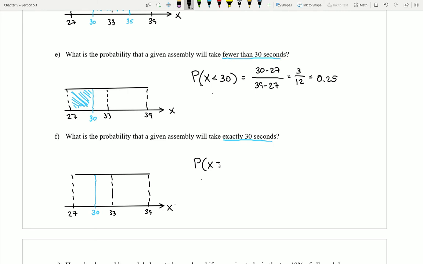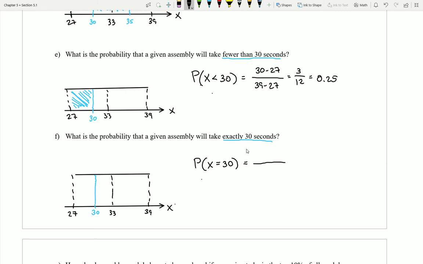So I want the probability that x is going to be exactly 30. Well, when I look at this, I'm going to have to do how long is my blue rectangle? That is from left to right. How much blue shaded space do I have left to right? Well, if I'm starting at 30 and kind of stopping at 30, I'm going to get something kind of interesting.